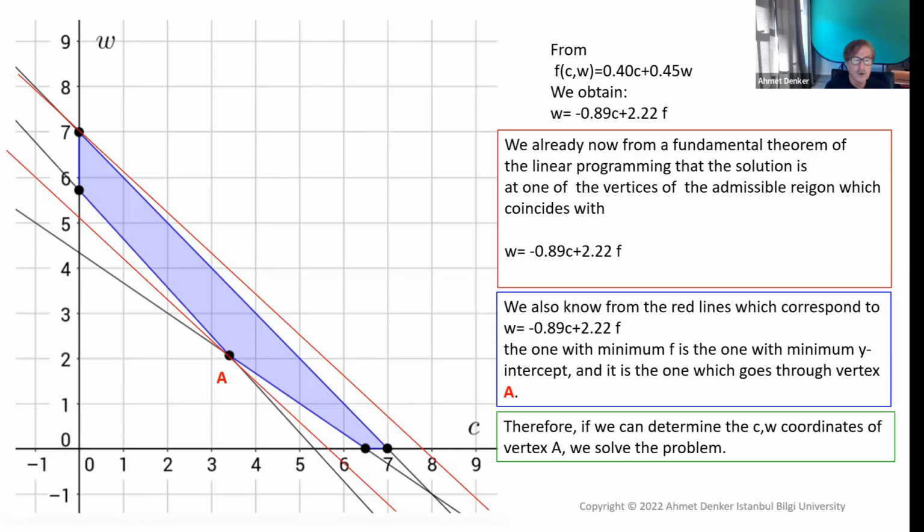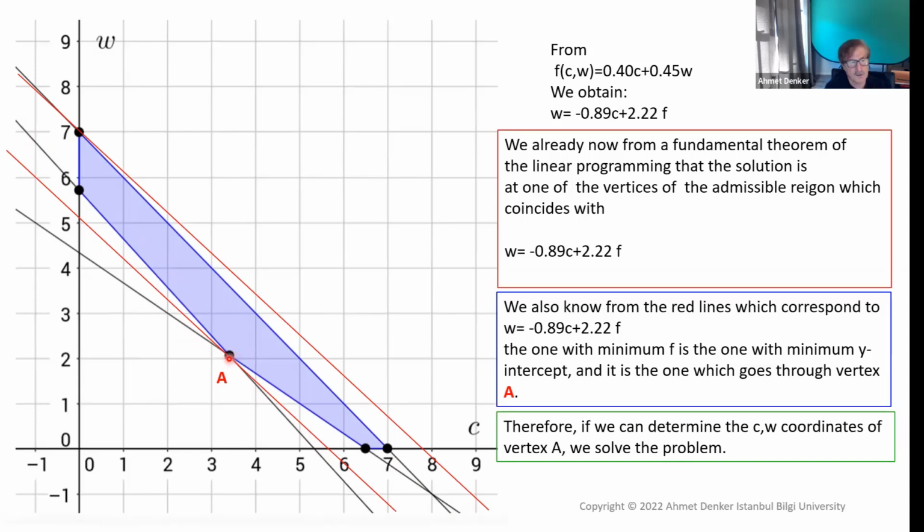And we already know how to find this solution. I'm going to write two equations, one for this line and the other one for this line. Let me just change my cursor. Okay. So two equations, one for this line and the other one for this line, and the point here satisfies both of these line equations.